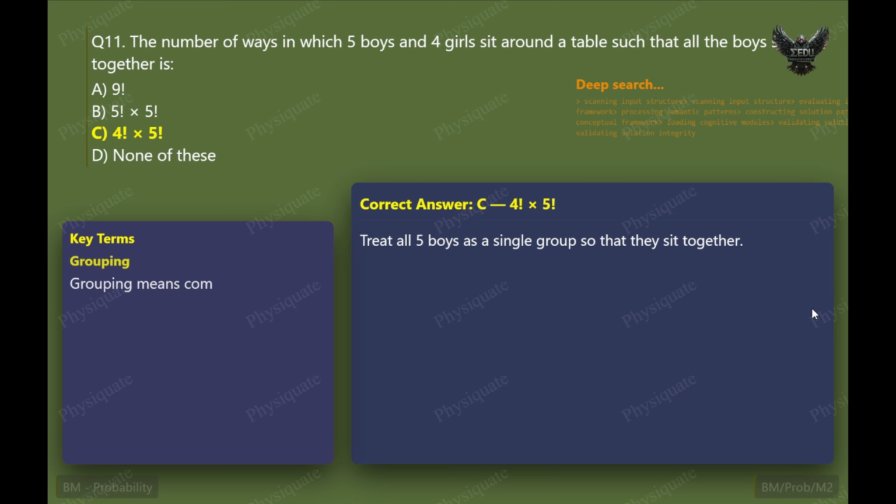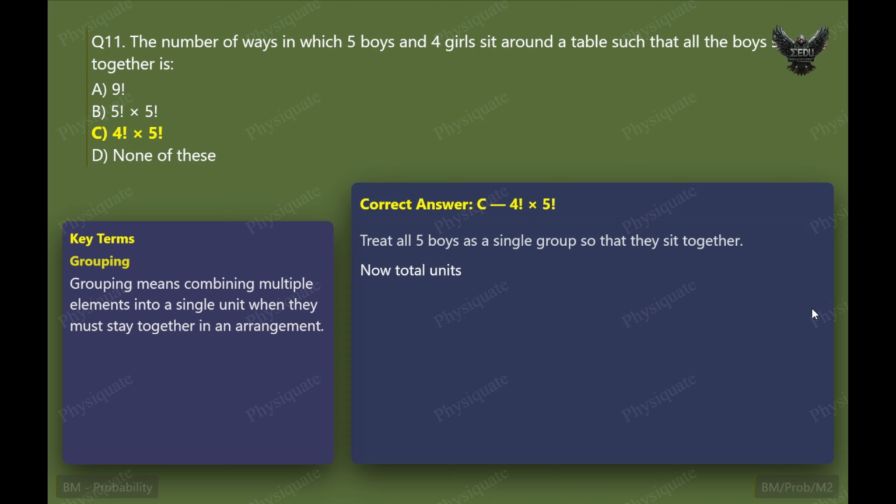Grouping means combining multiple elements into a single unit when they must stay together in an arrangement. Now total units equals 4 girls plus 1 group of boys equals 5 units. These 5 units are arranged around a circular table.